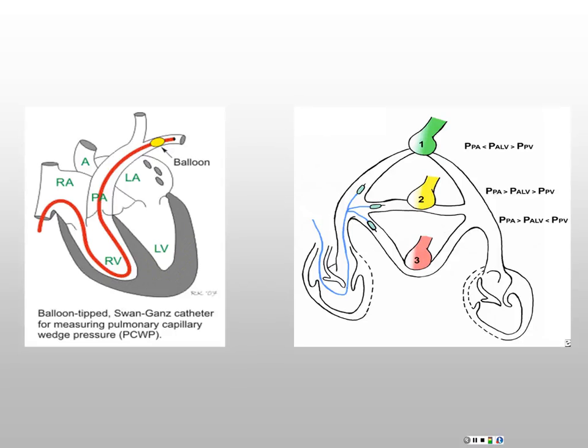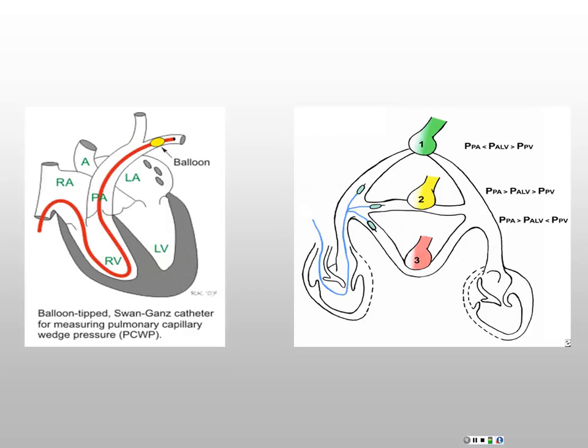This is the best position you would like your catheter to be in, where you have a continuous column of blood and you'll be measuring data reflecting the left side of the heart. In this position, the lung is not classified anatomically into zone 1, 2, and 3. It's more of a positional classification.